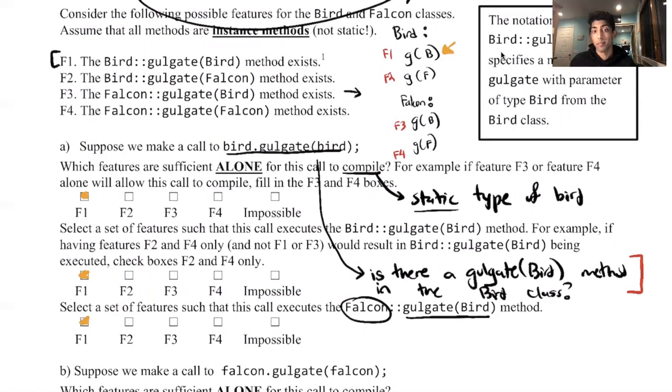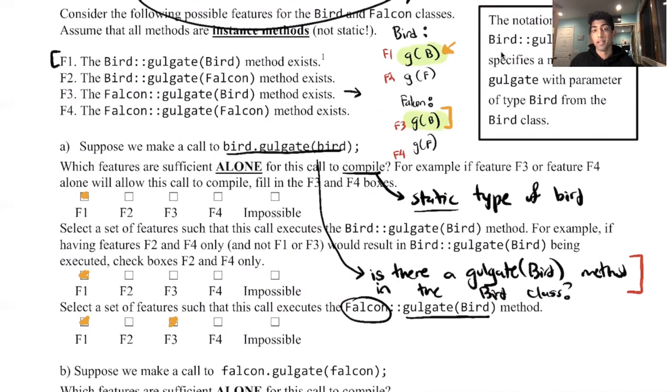Then during runtime, dynamic method selection works such that if there's an identical method in the Falcon class, in other words, a method of the same signature as the method we locked in on during compile time, we will choose this method. So if f1 and f3 both exist, we will choose f1 during compile time and then f3 during runtime.